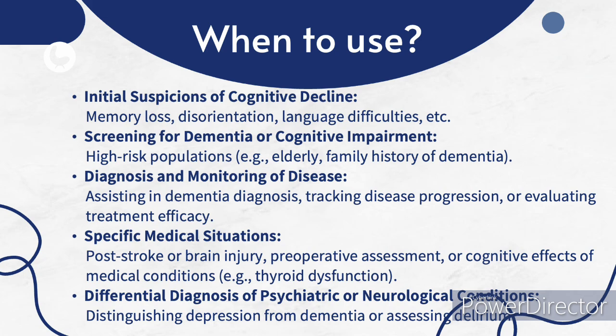For example, when a patient shows memory loss, disorientation, or language difficulties. 2. Screening for dementia or cognitive impairments, particularly in high-risk populations, such as the elderly or those with a family history of dementia. 3.